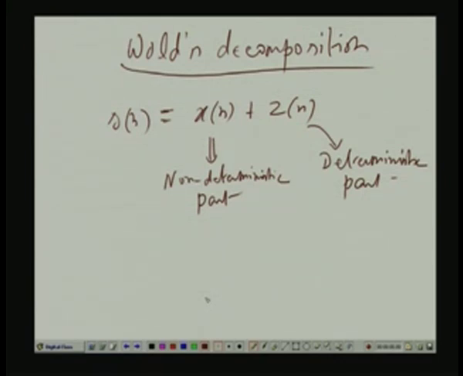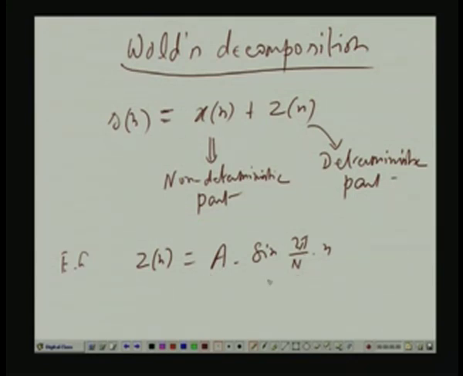To give you an example, suppose you take Zn to be a sinusoid of this form, where A, the amplitude is random. Now, what is sin 2 pi by N into small n?